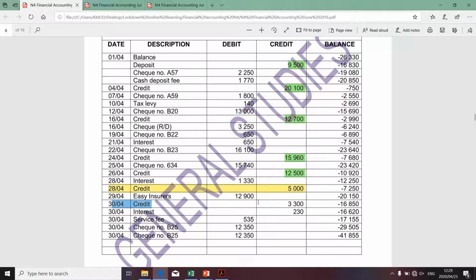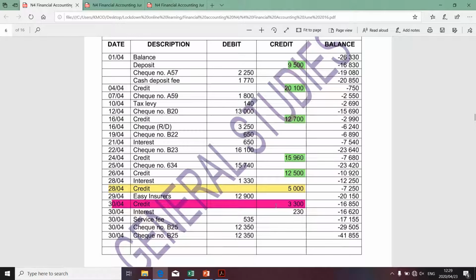We know for certain that we're not going to take that. I want to highlight this in a different color, pink. I'm not going to take this transaction into account in updating the CRJ because it specifically relates to an error that was committed by the bank. Subsequently, the bank will correct this error and they'll take it to the debit side. So I'm not going to take it into account in preparation of the CRJ.